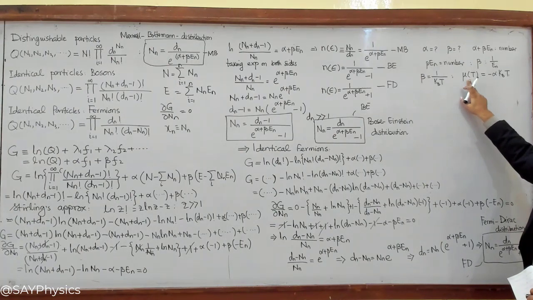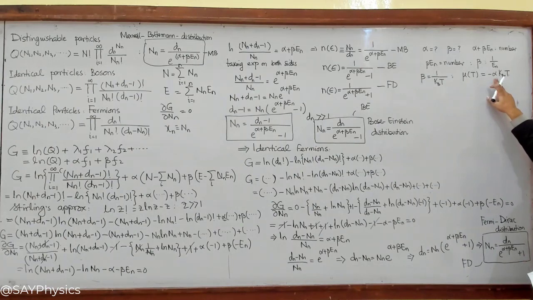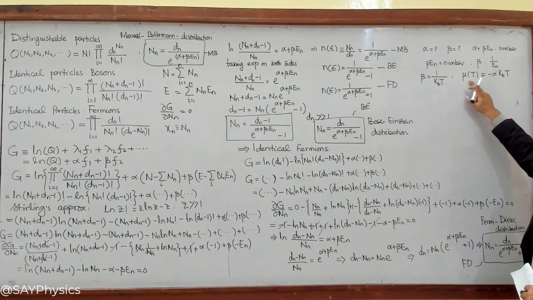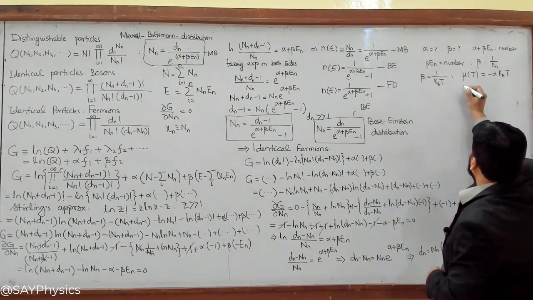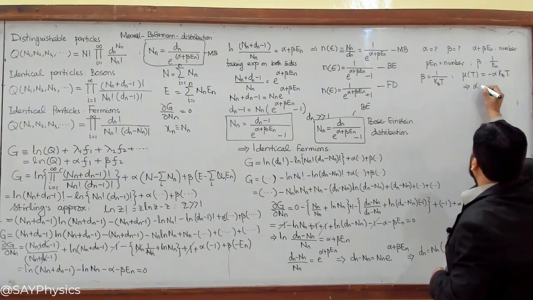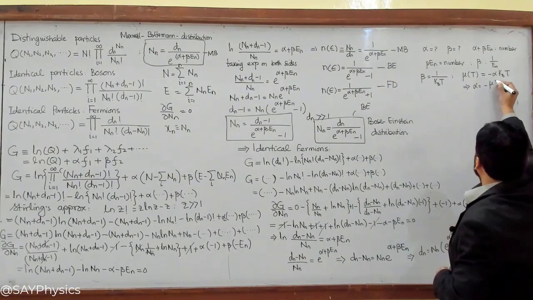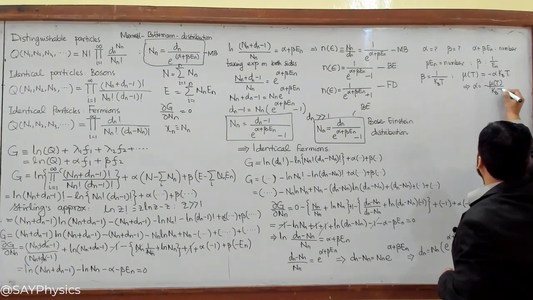Mu of T has the dimensions of energy. Alpha is dimensionless. kBT is energy, so it means energy and energy on both sides. If I divide this one by kBT, then it becomes dimensionless. So from here I can write that alpha is minus mu of T over kBT.